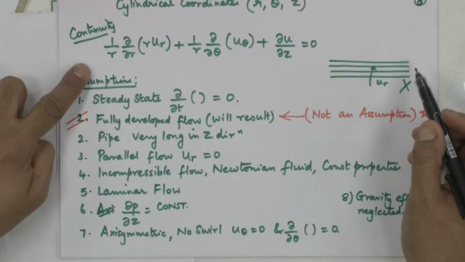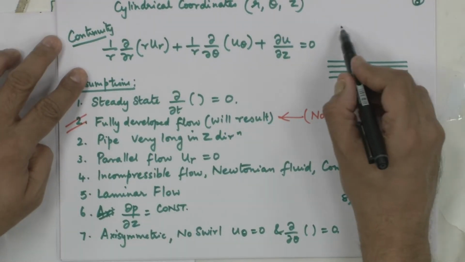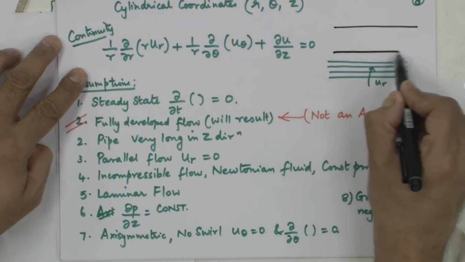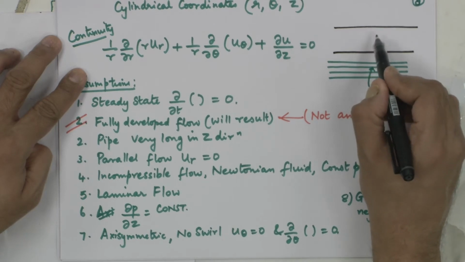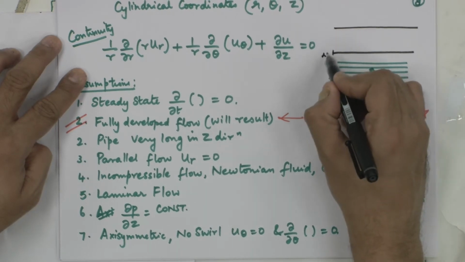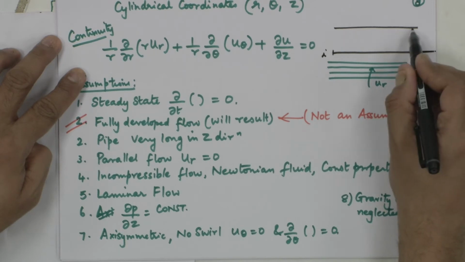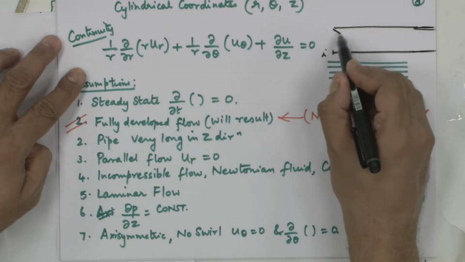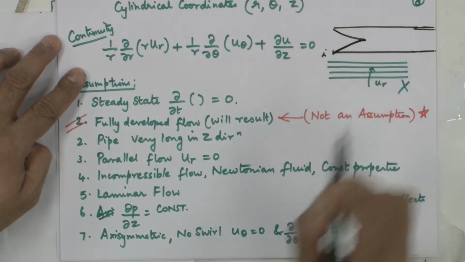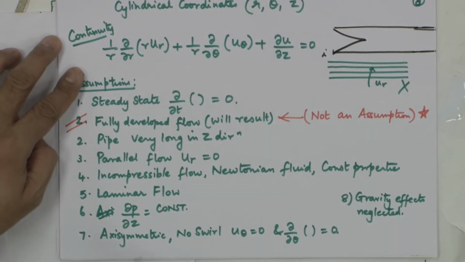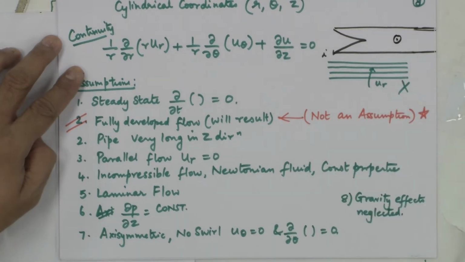So, with these assumptions, I have already written only the steady state continuity equation, 1 by r d by dr of r u r. If this is the pipe, this is the inlet, and somewhere going further straight your boundary layers have merged, you do not have any component u r, and you are somewhere in this part of the flow.